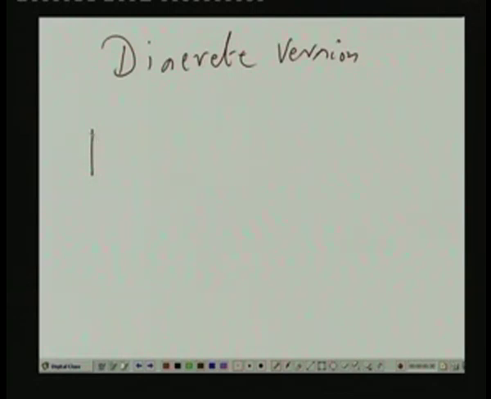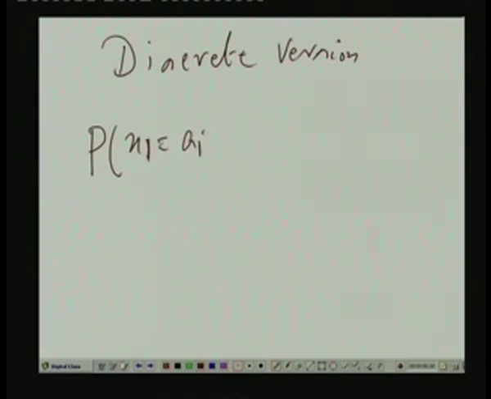In that case, you can easily extend this logic and write that suppose this conditional probability that x1 takes a particular value ai.